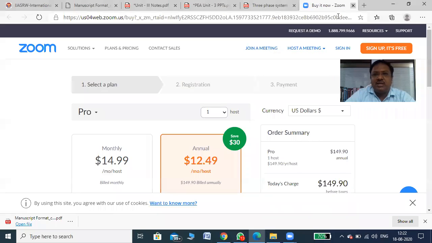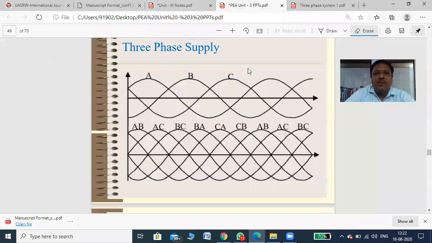DC as well as AC components. Okay, so the ripple components in a single-phase converter are more as compared to a three-phase converter. In a three-phase converter, the output is very close to DC, so the ripple components present are very less.